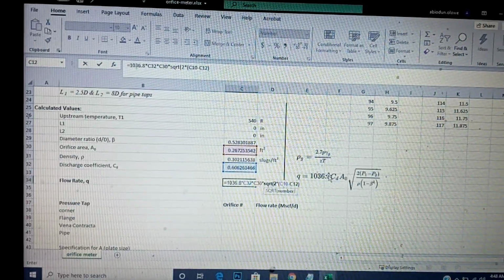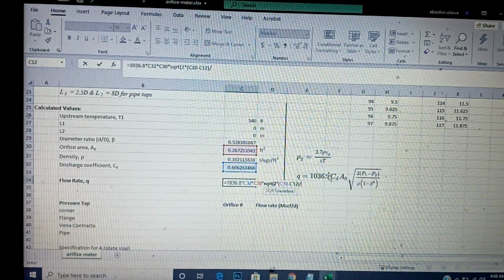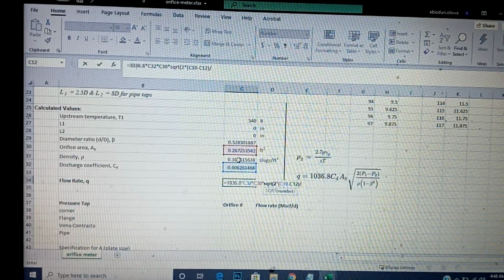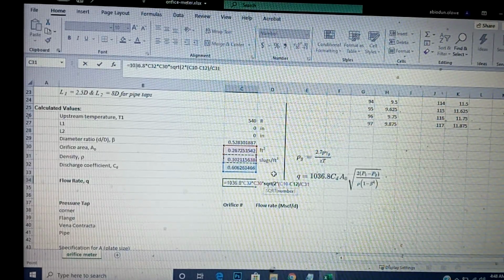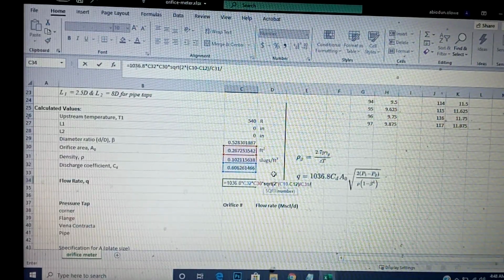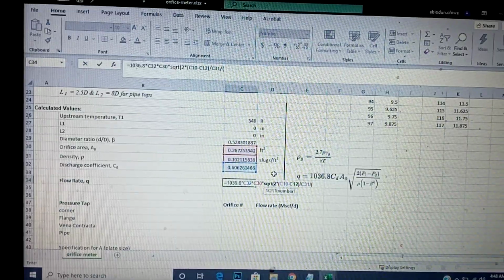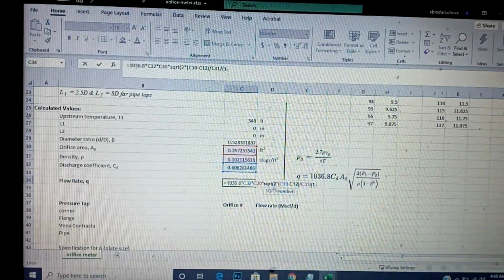Okay. Slash divided by density. I click on that. That's C31. Then divided again, slash. Now this one I have to put in bracket. Bracket 1 minus beta to power 4.